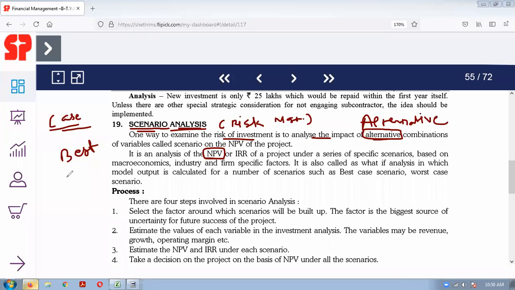If the situation is worst, everything is bad, what will be the NPV? If it is medium, that is average case, then what will be the NPV? Okay, for these three cases, we will analyze the NPV separately. What will be the NPV in best case, in worst case, and median case, average case?